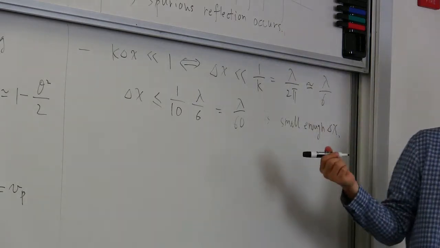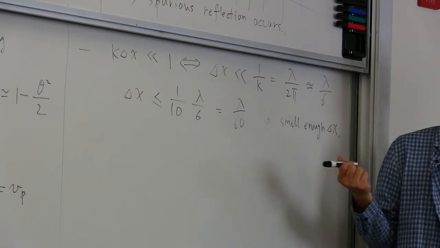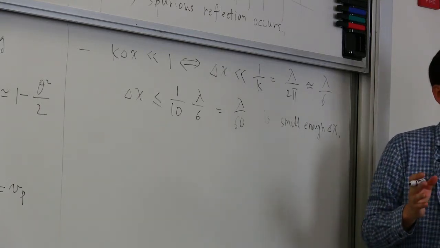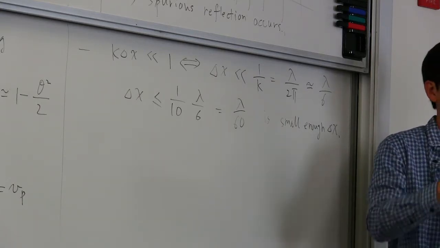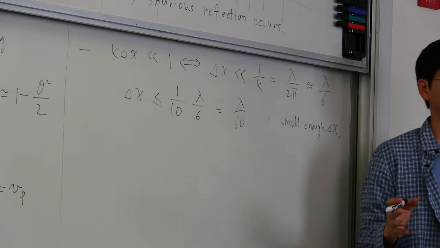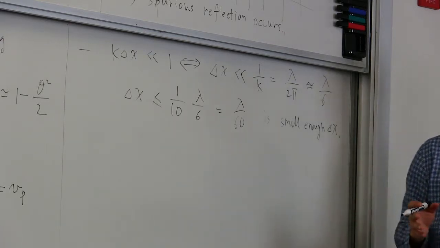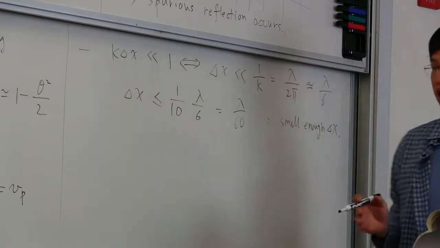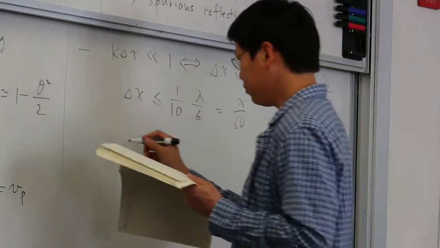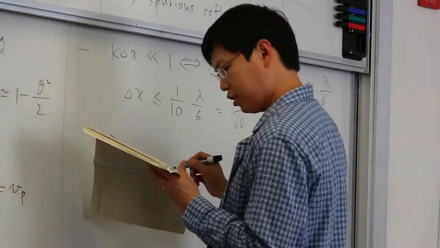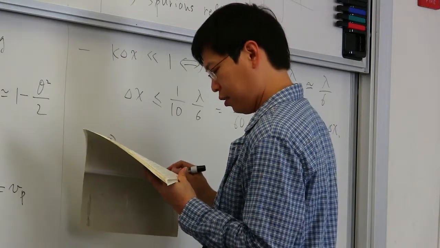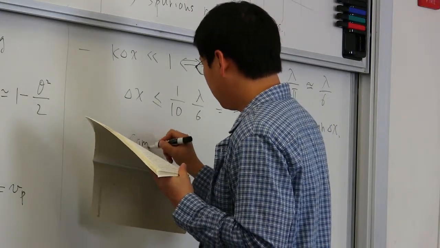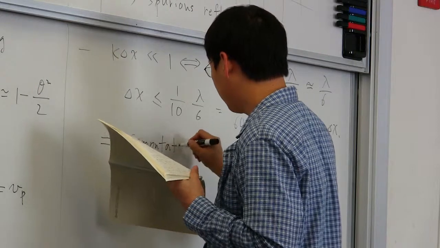This is actually an extremely small delta x. You have to put 60 grid cells within a single wavelength. That's a lot actually, especially in 3D. So this is computationally very expensive.